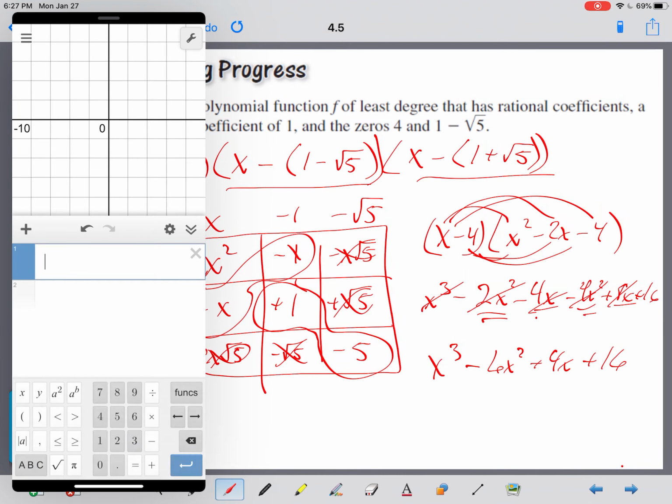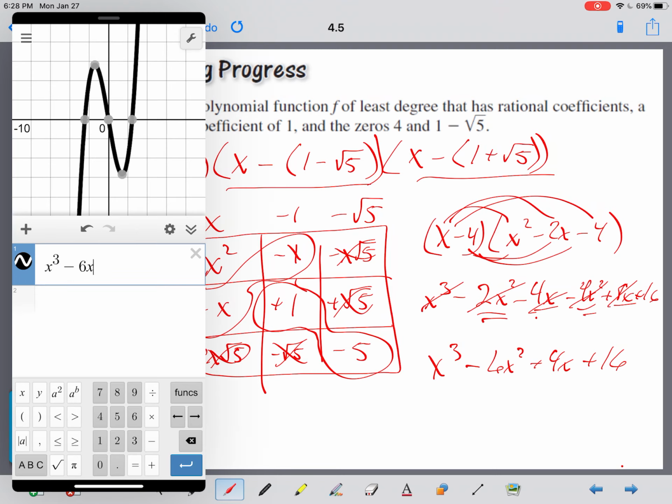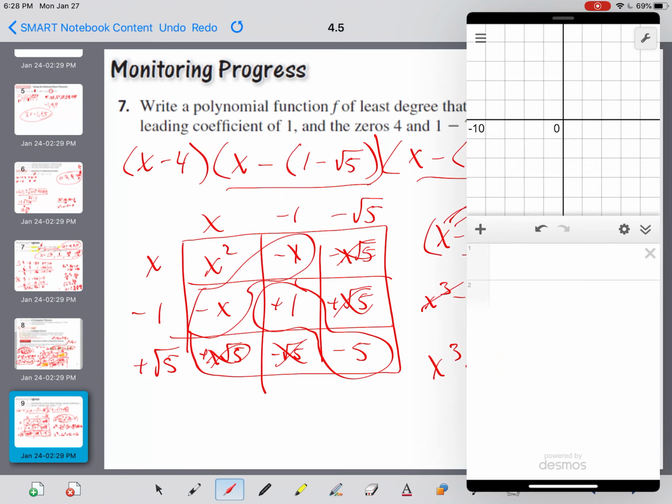And just in case, let's check. X to the third minus 6x squared plus 4x plus 16. Let's check my decimal places. What's 1 minus the square root of 5? Negative 1.236. Bam, got it.